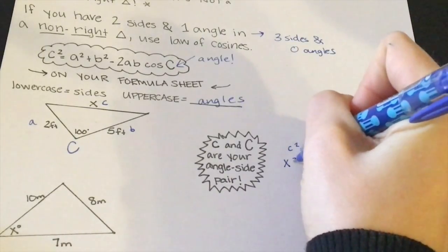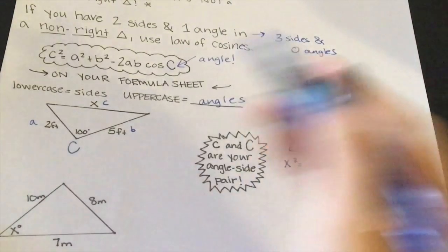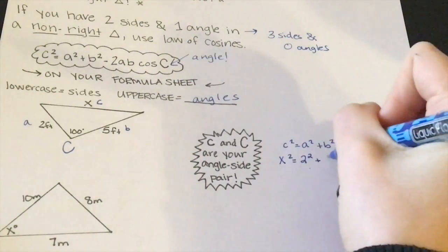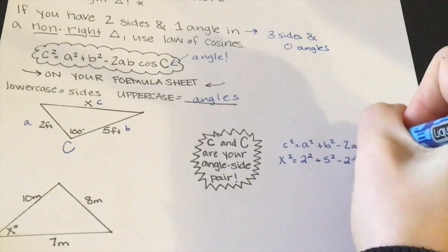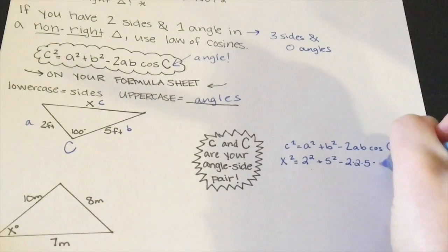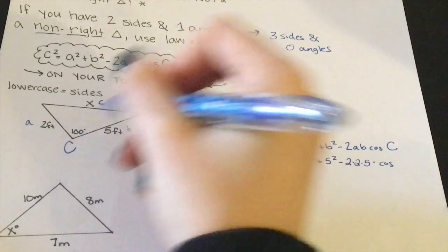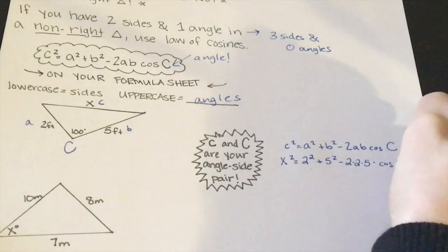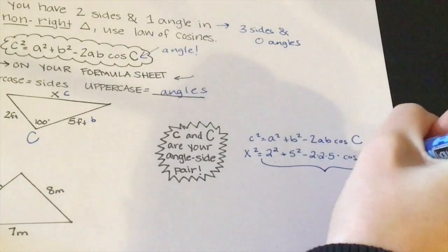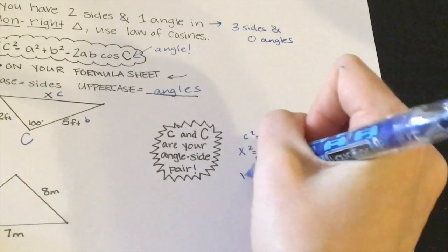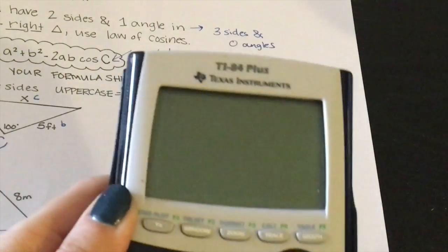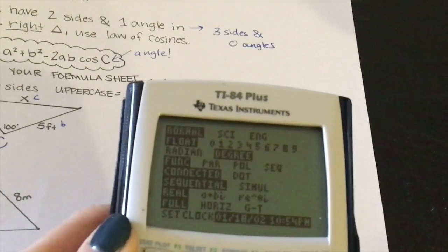So x squared equals a is 2, b is 5, minus 2 times 5 times the cosine of angle C, which is 100. And this large, beautiful thing can just go right into my calculator, as long as my calculator is in degree mode. Mode, degrees, I'm good.